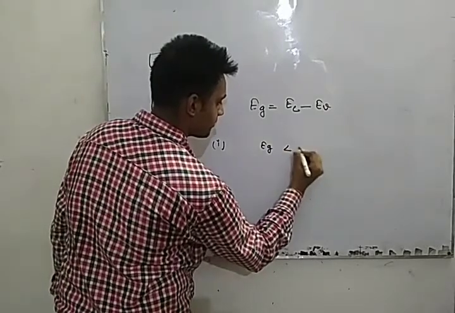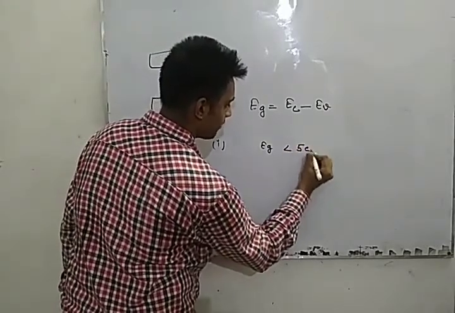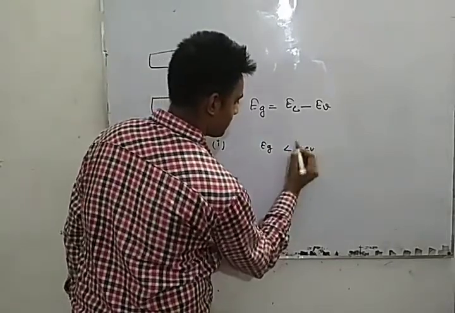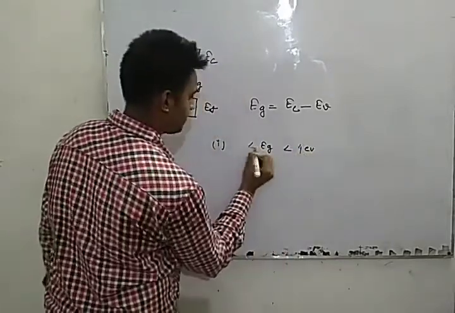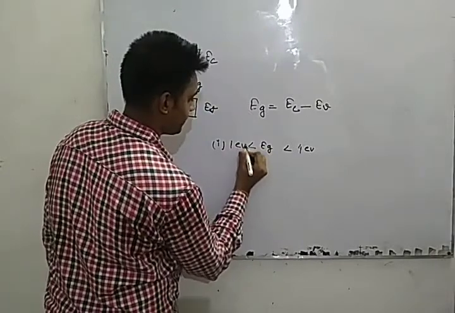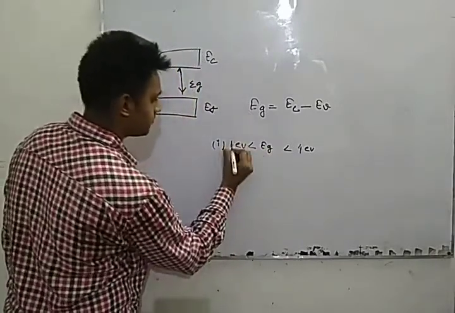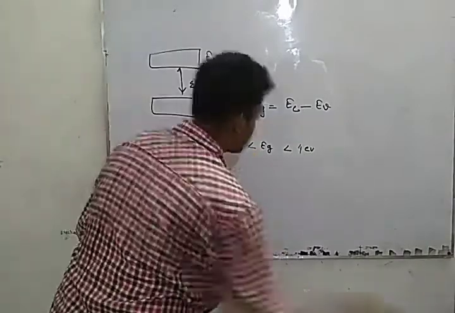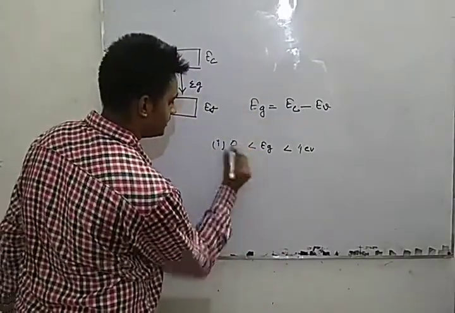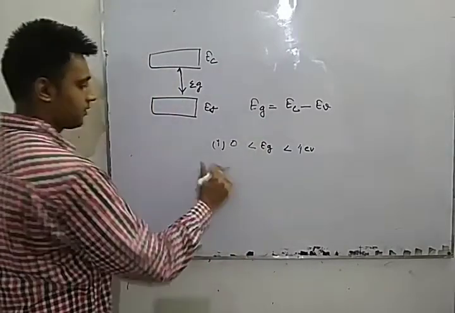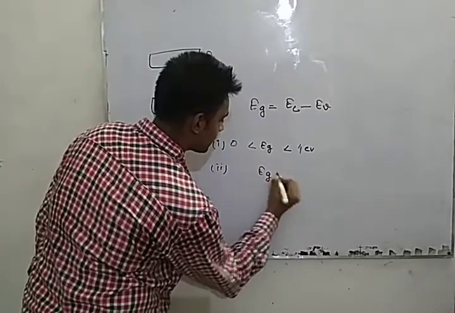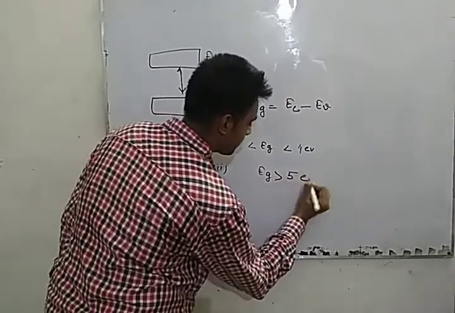Now we will categorize. If the value of Eg is less than about 5 electron volt, say 4 electron volt, 1 electron volt, maybe a little bit more, or, let's say, 0.024 electron volts, that is one case. Second, the value of Eg is greater than 5 electron volt.